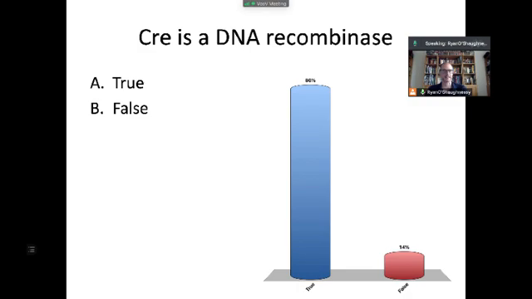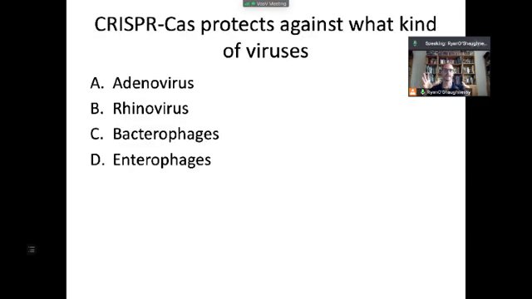Cre is a DNA recombinase, and that's central to its ability to function and how it makes these inducible knockouts. And here's a related question. CRISPR-Cas protects against what kind of viruses? So here we have a selection of viruses. Have a think for a minute.